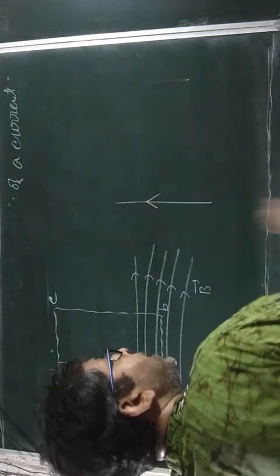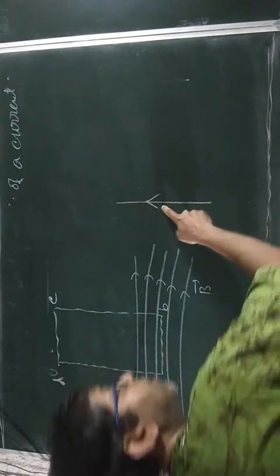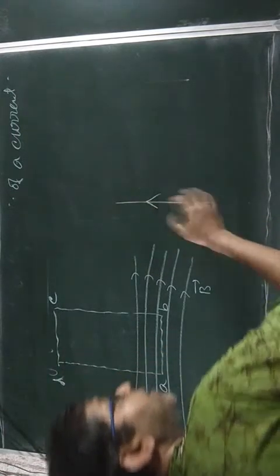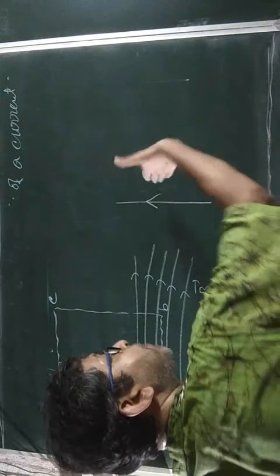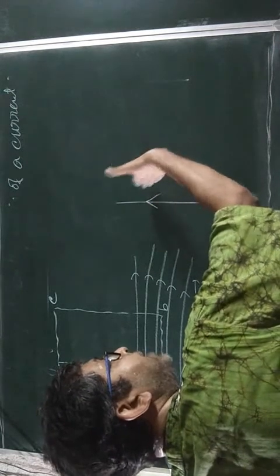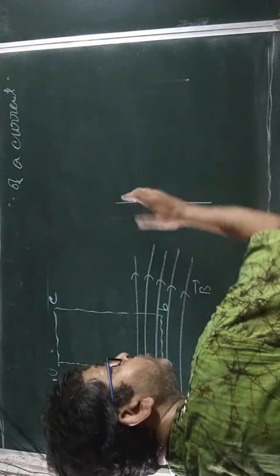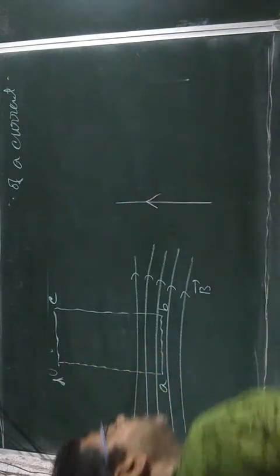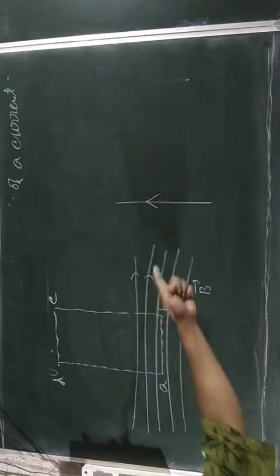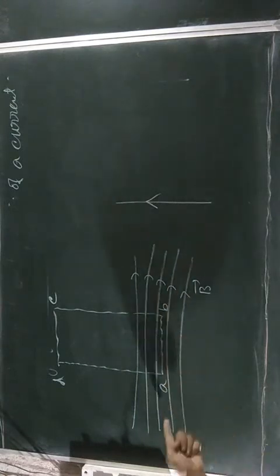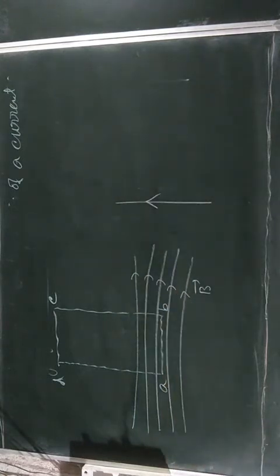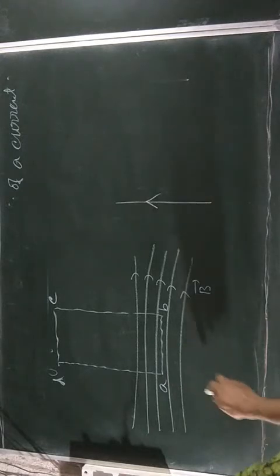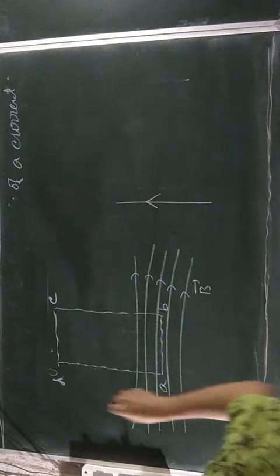That means if the current is in the plane, then the magnetic field is perpendicular to the plane. And if the current is perpendicular to the plane, then the magnetic field lies in the plane. That means here the magnetic field lies in the plane, so the current must go perpendicular to the plane.